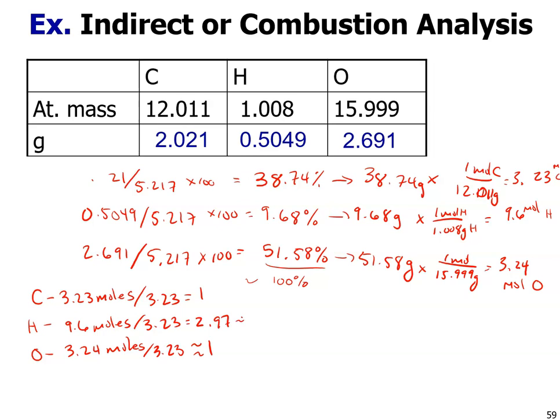We can estimate that's pretty close to 3, so I'm going to bump that up to 3. So we're going to have C1H3O1. This would be a reasonable guess for an empirical formula for this compound based on that combustion analysis example.